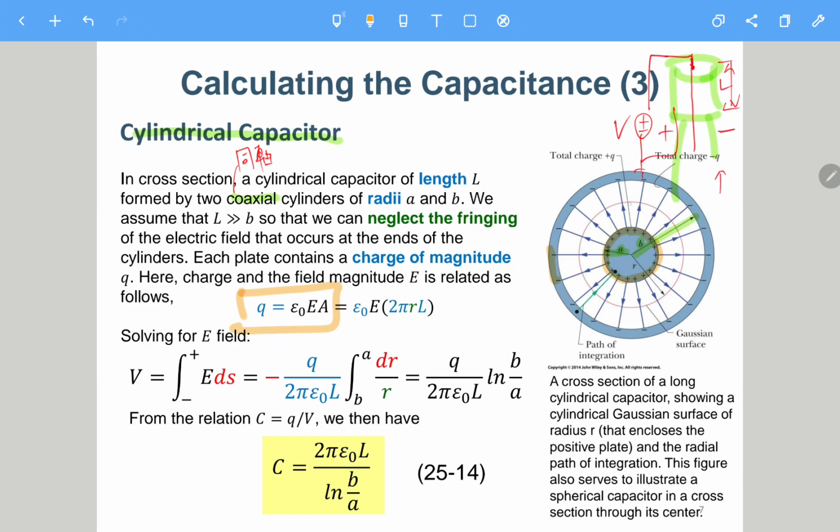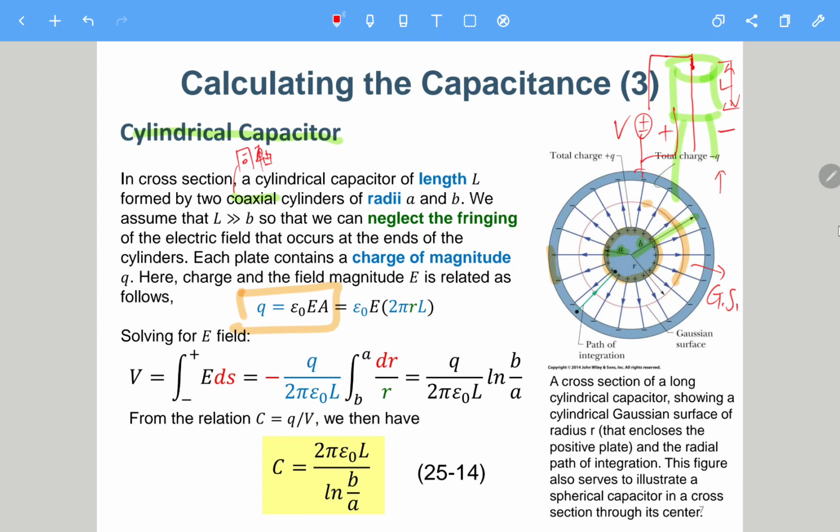Which one is the Gaussian surface? This one is the Gaussian surface. Then we can just apply the Gauss law to it. Of course, this is a cylinder, but the top face and the bottom face don't contribute to the net flux, so we only consider the side face.